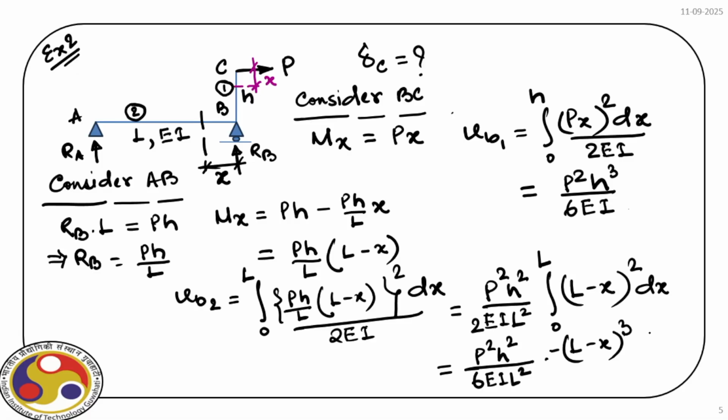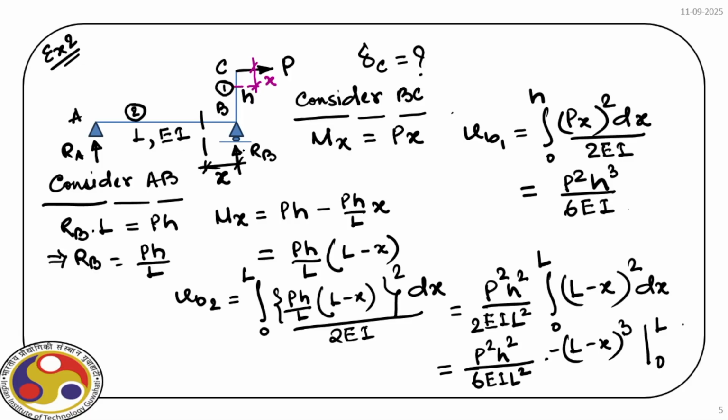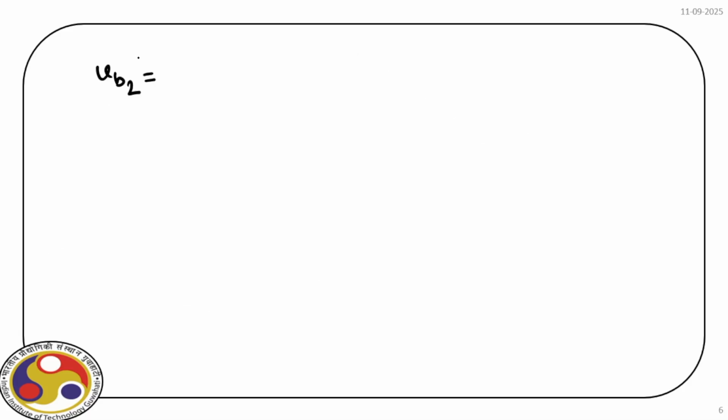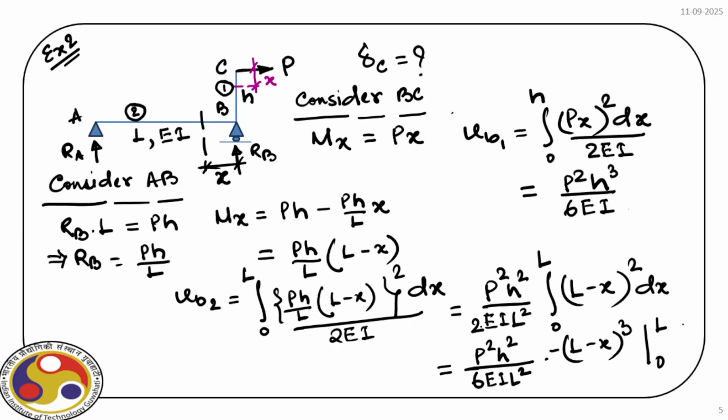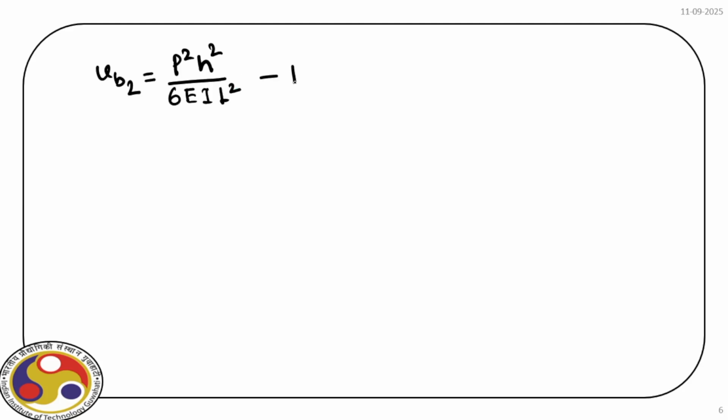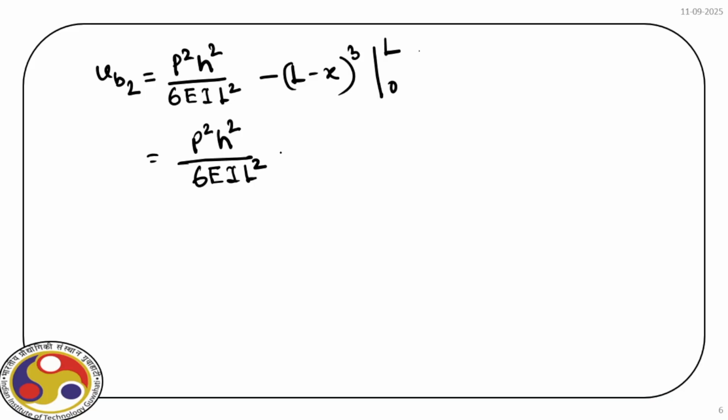Then there will be a minus here, and that is evaluated between 0 to L. So U_B2 is equal to P square H square divided by 6 EI L square, and then minus (L minus x) whole cube from 0 to L. So we have P square H square divided by 6 EI L square and then L cube.